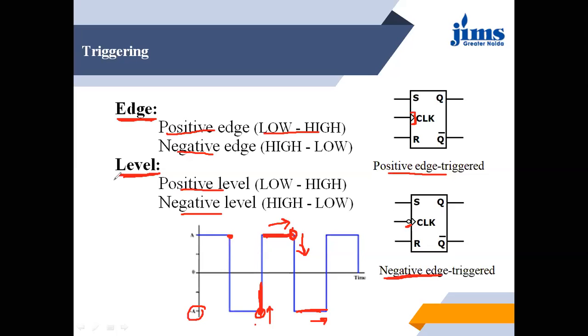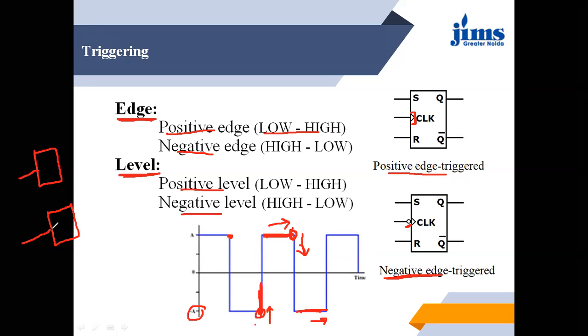And in case of level, positive level and negative level, the positive level is represented by simply a clock pulse, and in the case of negative level, it is represented by a bubble or a circle in the clock line.